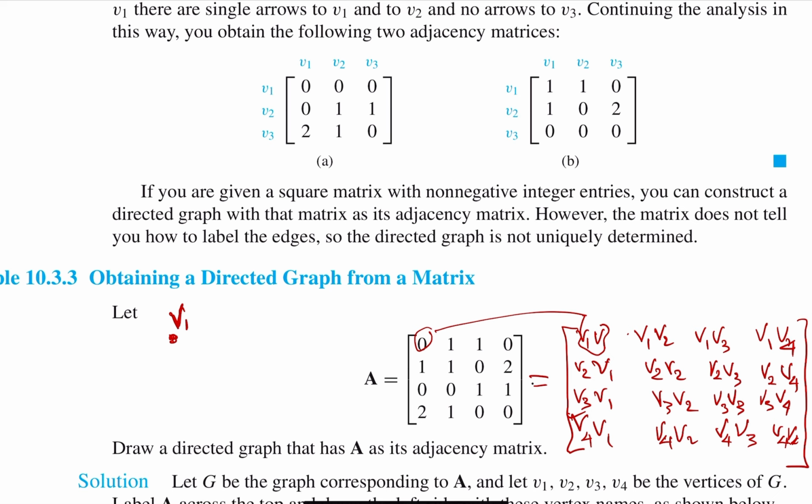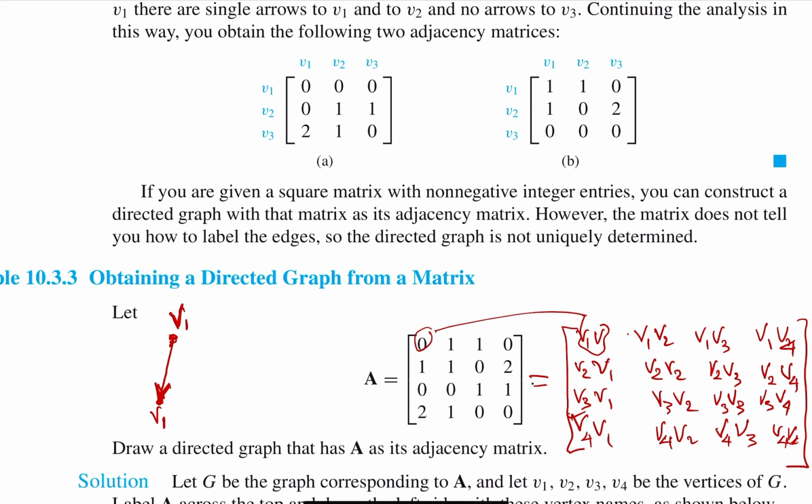V1, V2, we have only one edge, from V1 to V2, and the direction is like this.